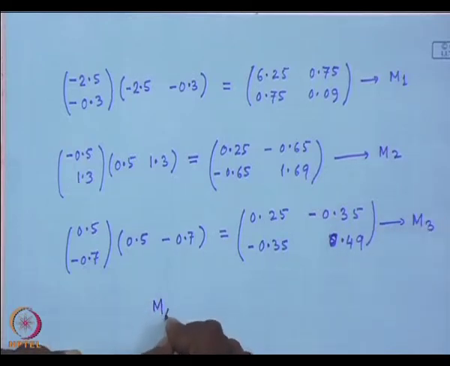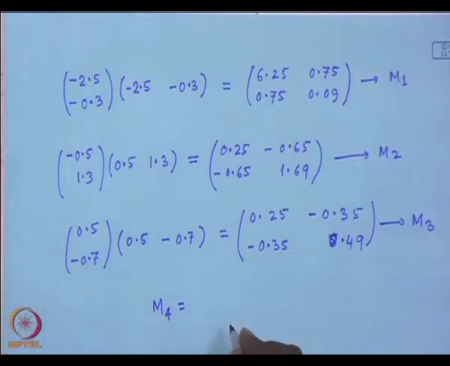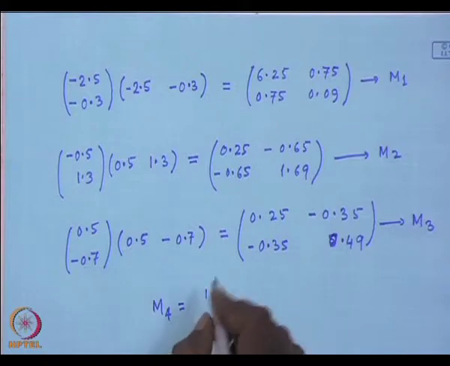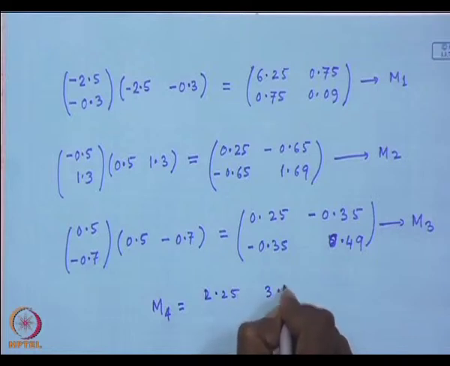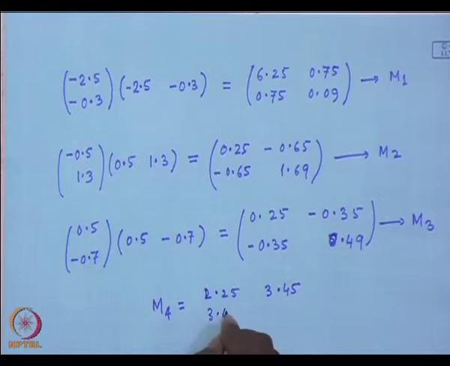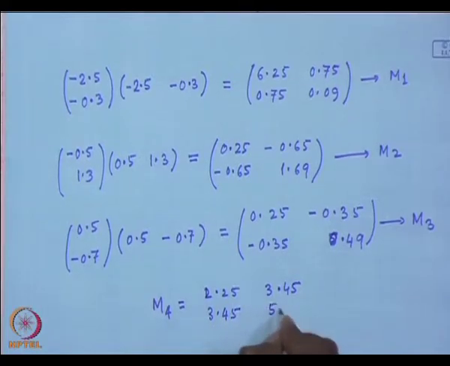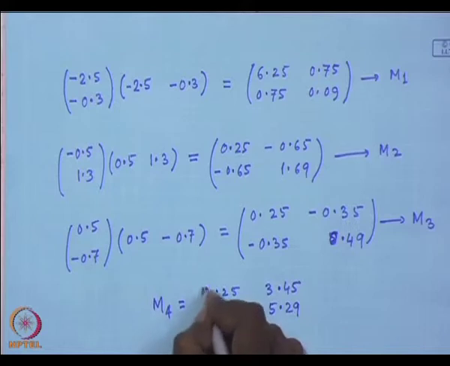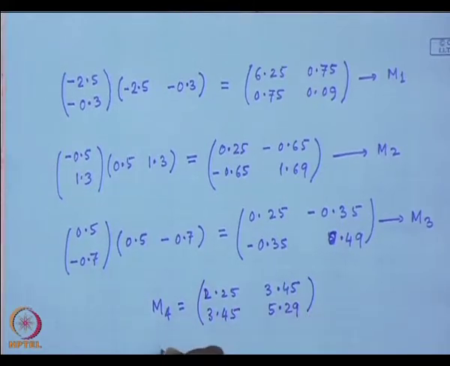Similarly, M4 with the fourth vector will be 2.25, 3.45, 3.45, 5.29. M5, the fifth matrix, sorry, let me go to the other page.